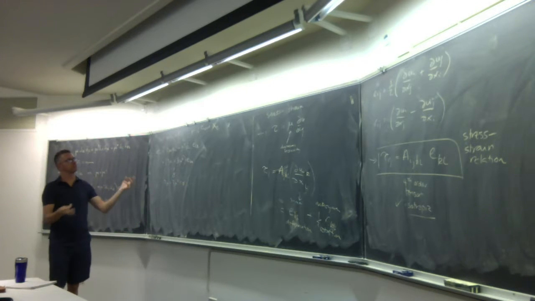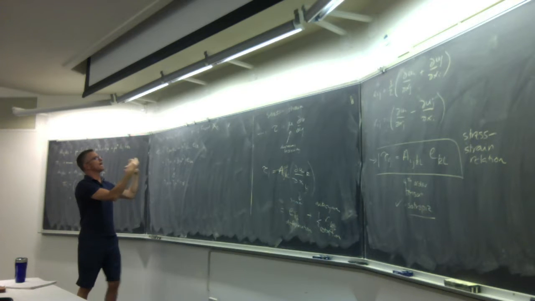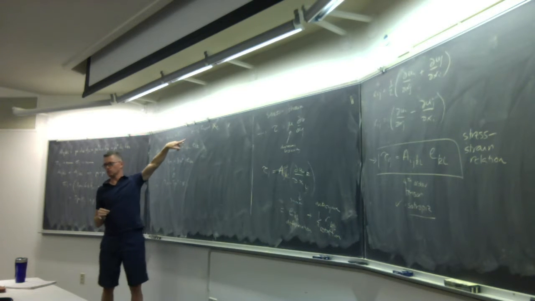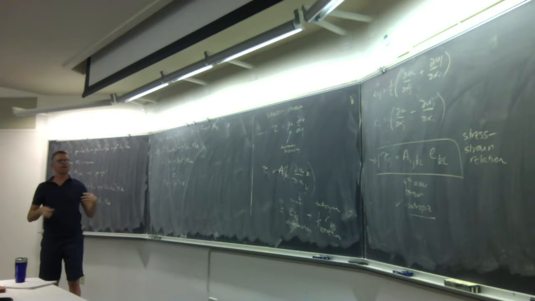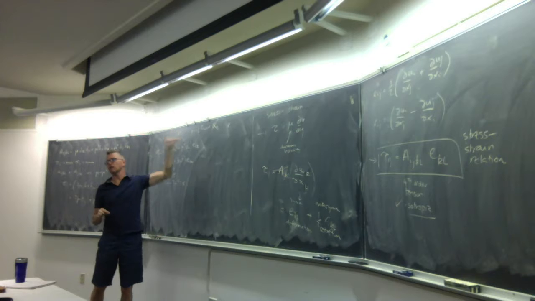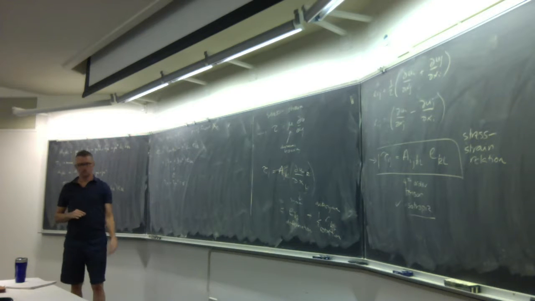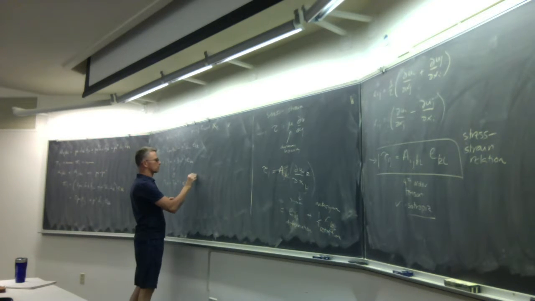Now, this is an assumption. This is a way of saying I want to define my pressure this way. This is us saying we are going to do this so that pressure is defined like this. So this is a Stokes assumption.